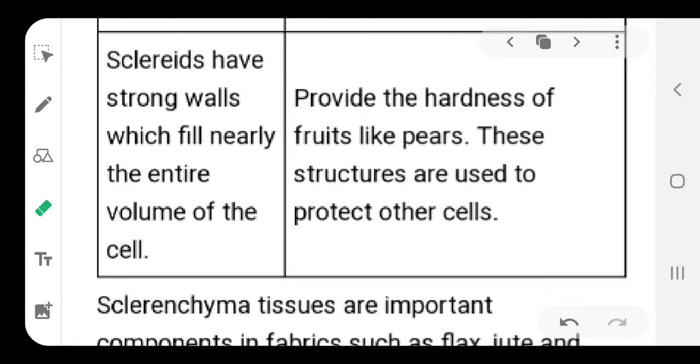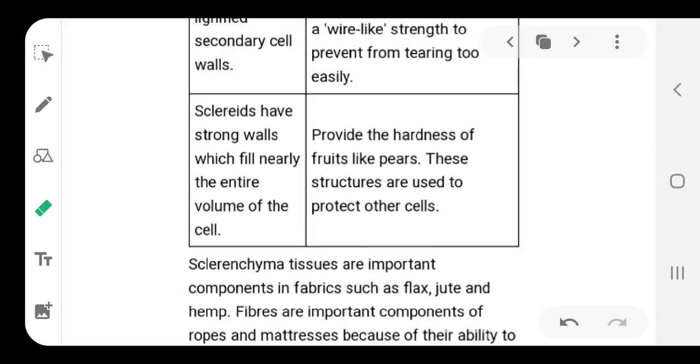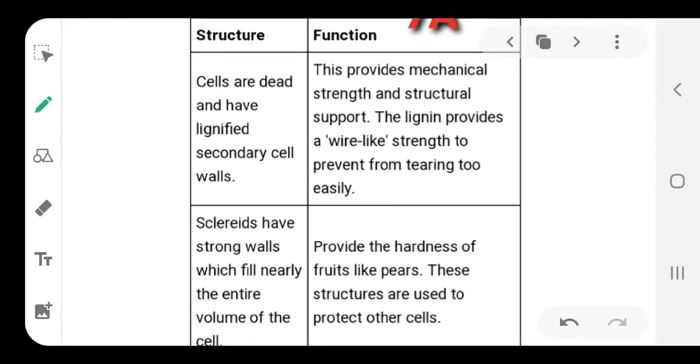Then as far as the structure is concerned, underline the terms. Here the cells are dead and have lignified secondary walls, and they provide mechanical support and strength. The lignin provides wire-like strength, underline the word lignin, to prevent tearing.